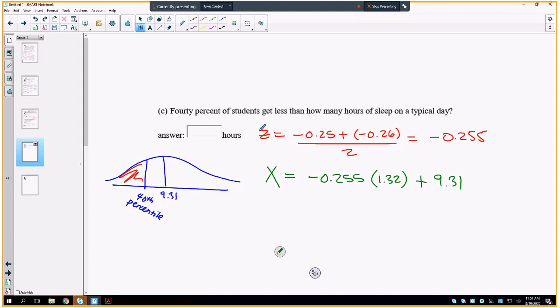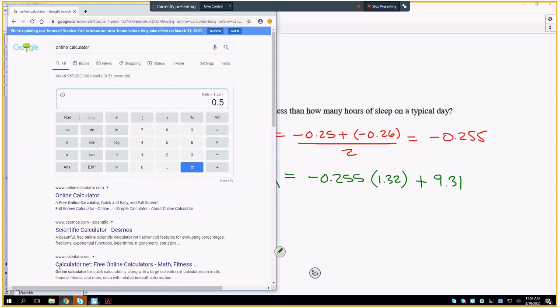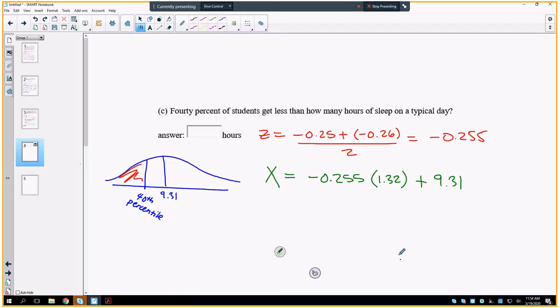Okay? Definitely gonna need a little help from my calculator here. So I have negative 0.255 multiplied by 1.32. That's negative 0.3366. I add 9.31 hours to find that 8.9734 should be the number of hours here.